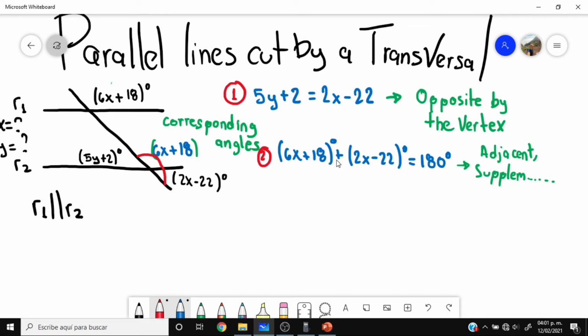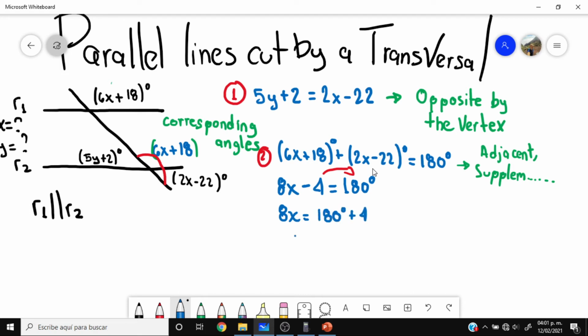6x plus 2x is going to be 8x, plus positive 18 and negative 22 is going to be minus 4, equals 180 degrees. That negative 4, I'm going to move it to the other side with the opposite sign. So I'm going to have 8x equals 180 plus 4.